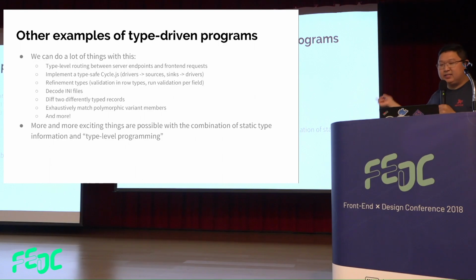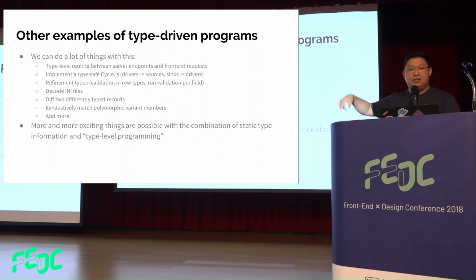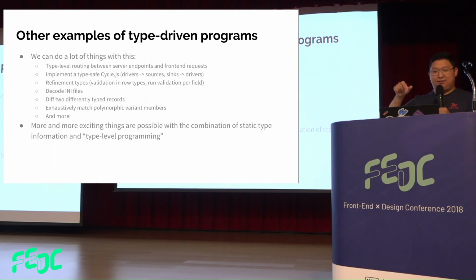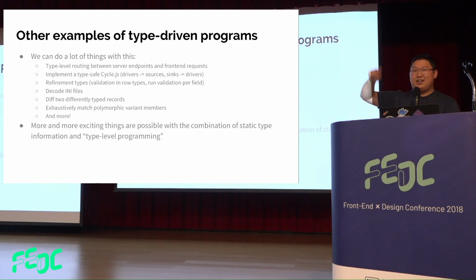I can also implement this cycle.js thing, but type safe. If you're at all familiar with cycle.js, there's this concept of drivers and sources, and it syncs to drivers. So if you put out ABC from your main function, then your ABC hooks up to drivers that then return things that are hooked into ABC. So it's a cycle of dependencies. We can do this.